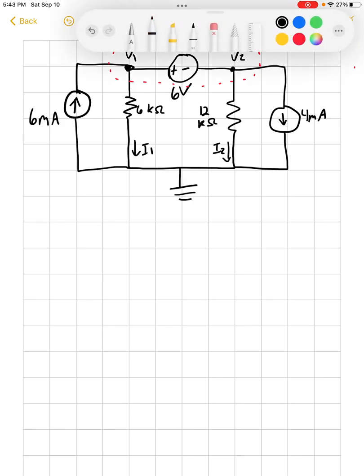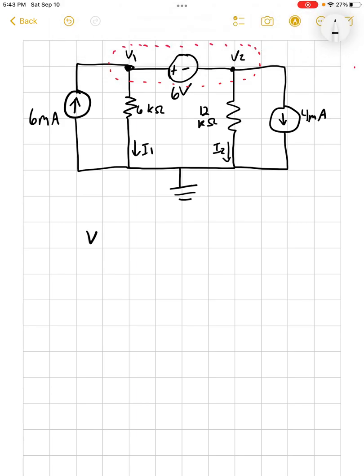And the reason we can do that is because we get one other equation. We know that V1 has to be equal to V2 plus 6 volts. So this gives us our first equation, okay? We have a relationship between V1 and V2.